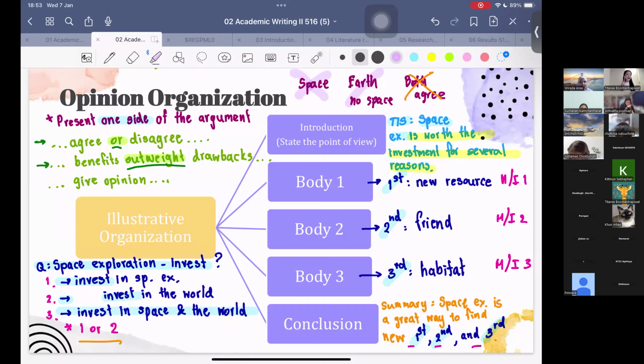Before you start your writing, doing some kind of outline or planning would be great, because it helps you avoid repeating yourself. Trust me, it actually helps.